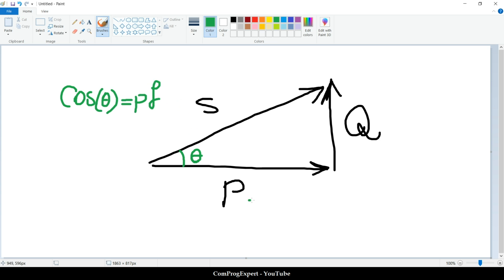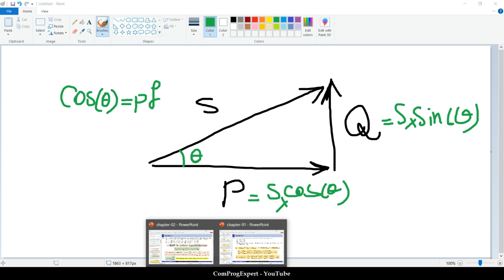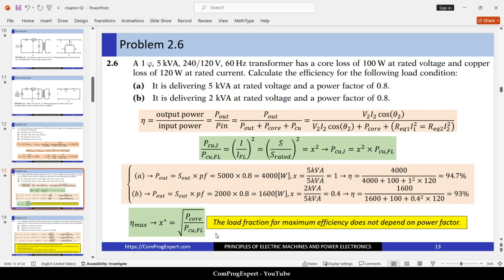And P is equal to S times cosine of theta. Q is equal to S times sine of theta. So we have these two equations, and I implemented this equation here. This is 5000 times 0.8.